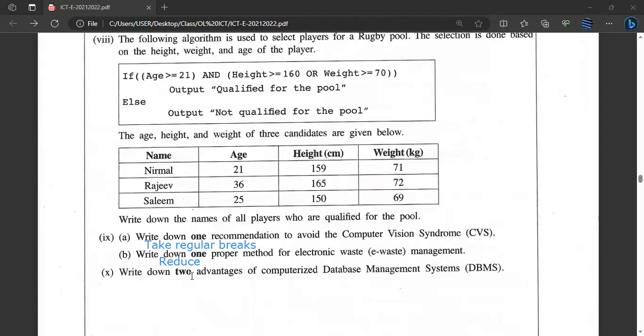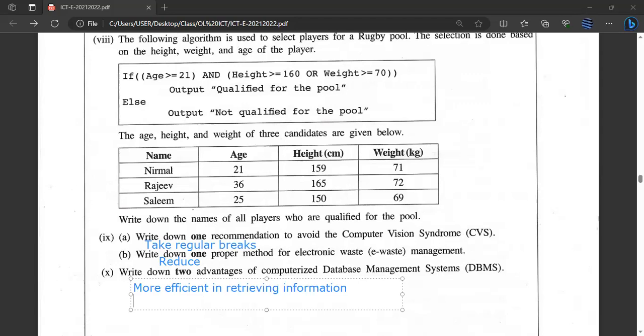And then write down two advantages of computerized database management system, DBMS. So we can say more efficient in retrieving information, and also we can say another one as easy to obtain copies.